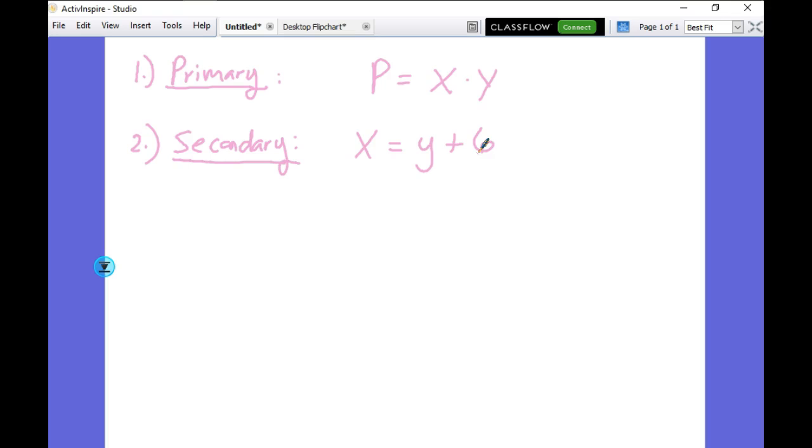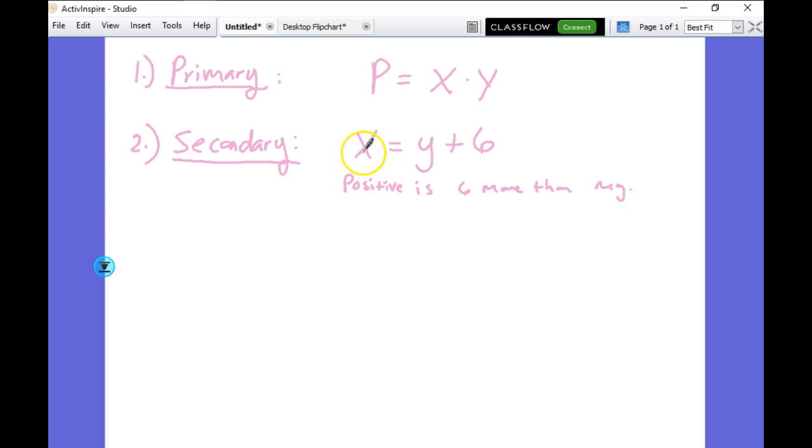It's good to know what your variables represent. What do you think, Tyler? Which one's the positive one? X is the positive? I agree. It has to be the bigger one because the positive number is 6 more than the negative.